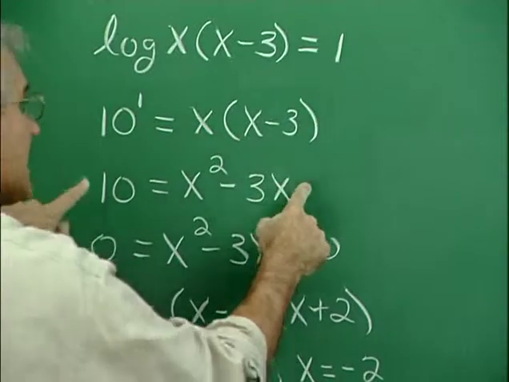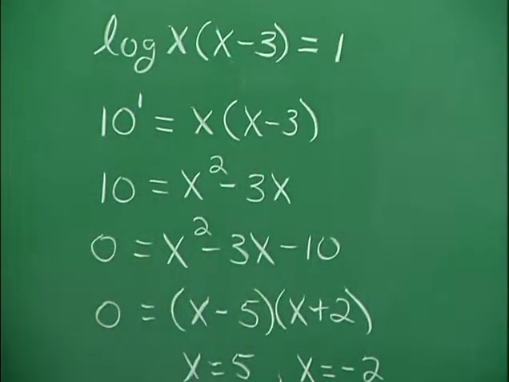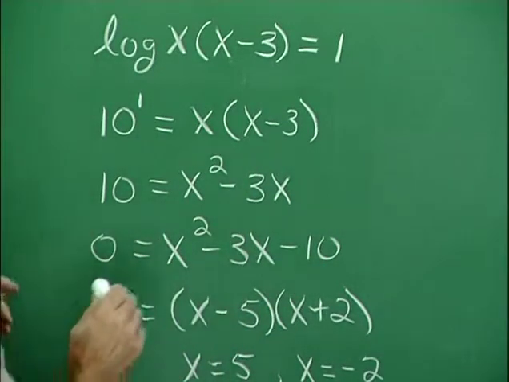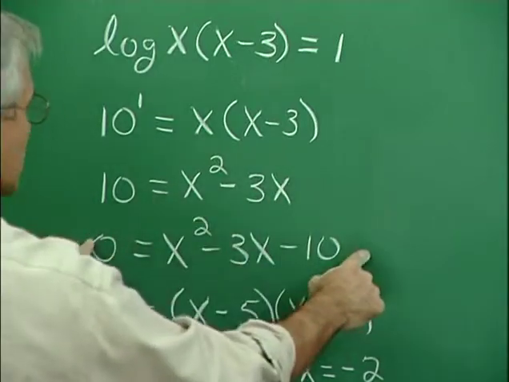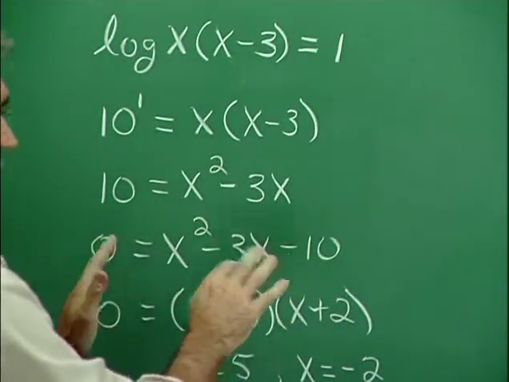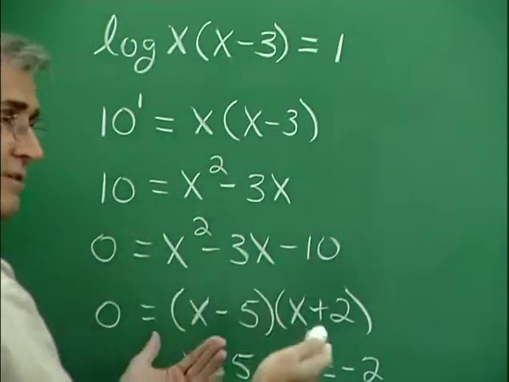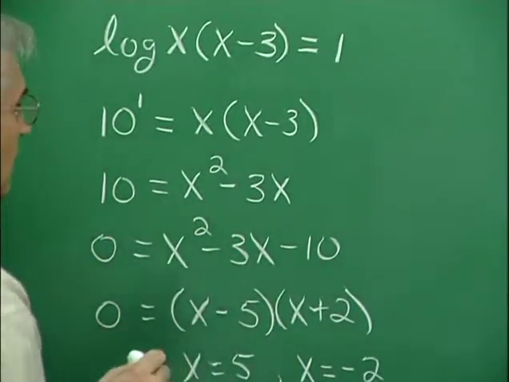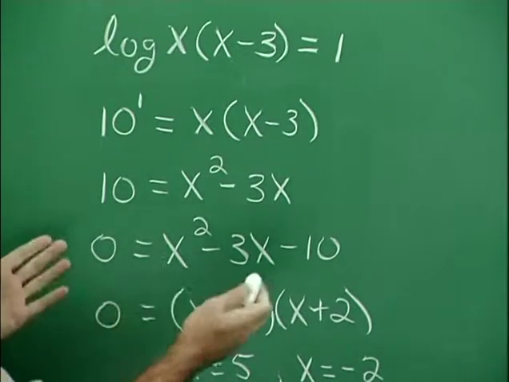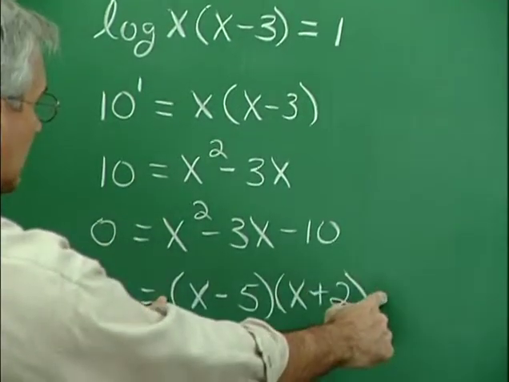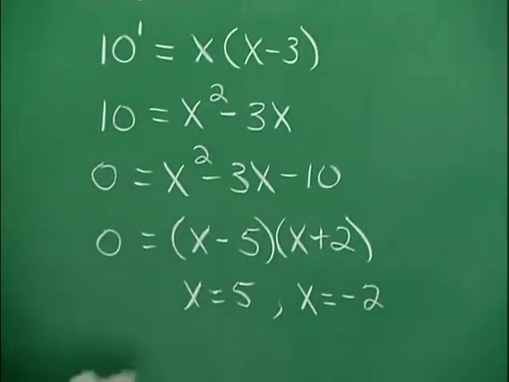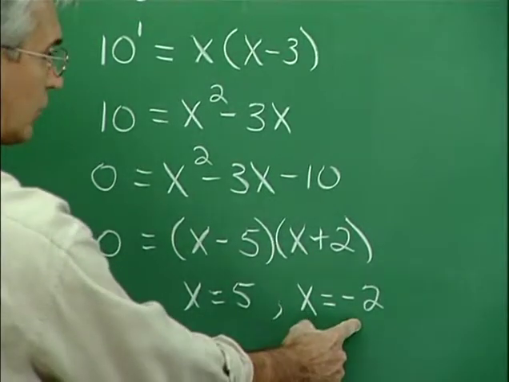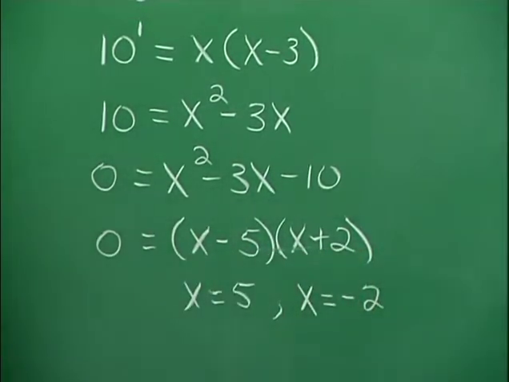We don't know what kind of equation is going to come out, but we just deal with whatever we see. So here we would subtract 10 on both sides, and our prescription here, as you know, is to put all the terms on one side and attempt to factor. If we can't factor, we need to use the quadratic formula, but here we can factor. We factor this into x minus 5 times x plus 2. We find x to be equal to 5 and x equals 2 as the zeros for this equation.